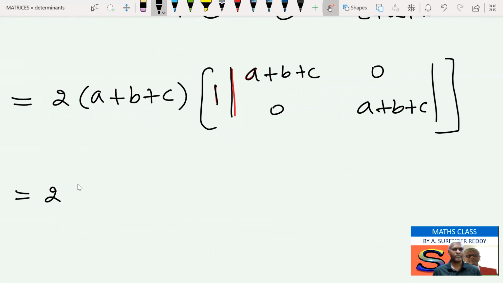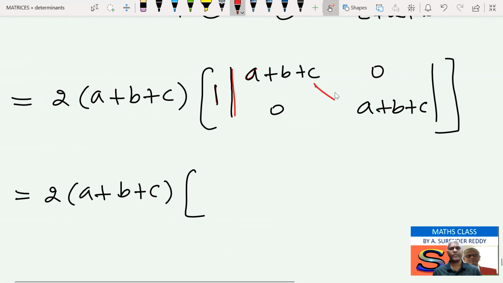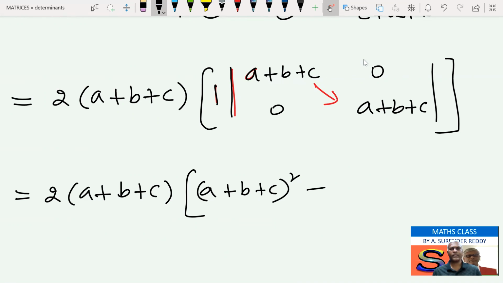Further simplifying, A plus B plus C. For the 2 by 2 matrix, the determinant is AD minus BC. So A plus B plus C into A plus B plus C is A plus B plus C whole square. This is AD minus BC, that is 0 into 0 is 0.